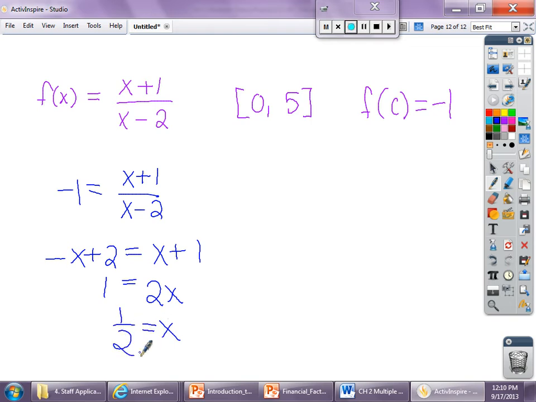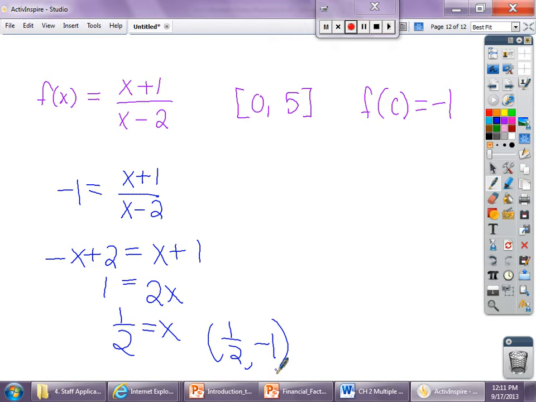So did I find a value where the y is negative 1? Did I do it properly? I hope so. So at the point 1/2, my y value is -1. Did I prove that? Did it happen on the graph? 100% it did. I guarantee you if you go and graph it, or you go into your calculator and look at x equal to 1/2, the y value is -1.